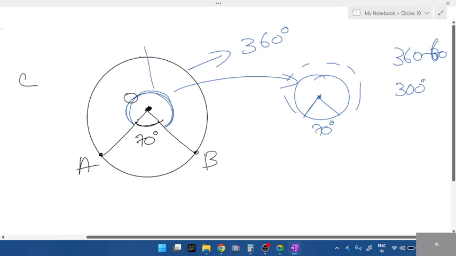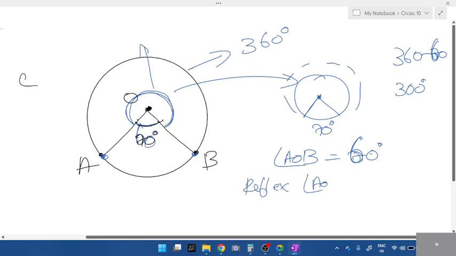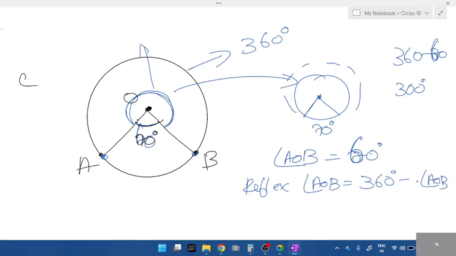This angle, the inner one, we call normal angle AOB, because it is towards the arc, students. It is formed inside the arc. Normal angle AOB is equal to 60 degrees. The other one, have you heard of this reflex angle? If not, make a note. Reflex AOB. The formula is 360 minus angle AOB. This is the formula. Make a note. The remaining part we call reflex angle.